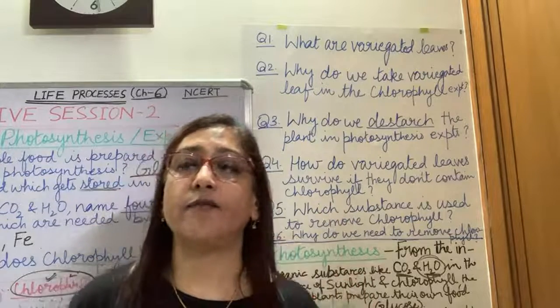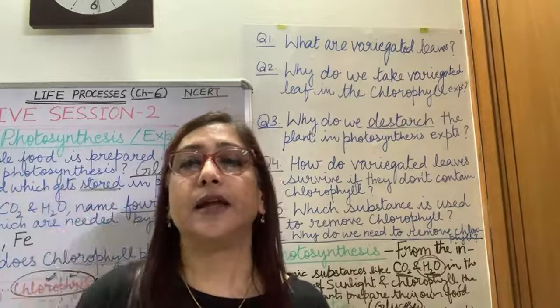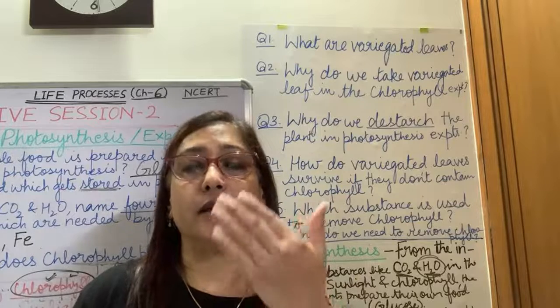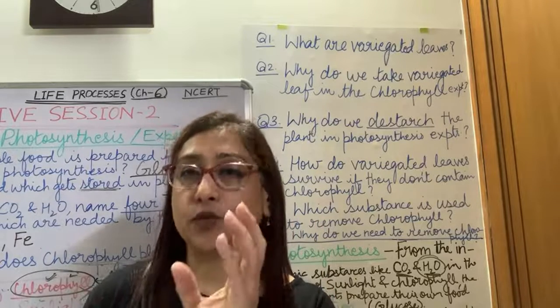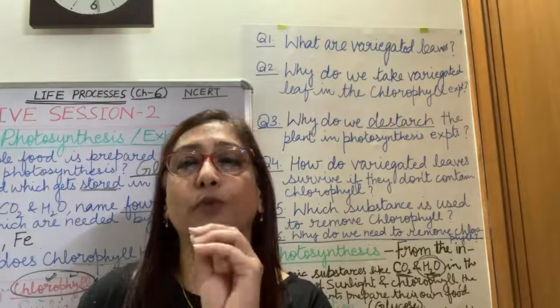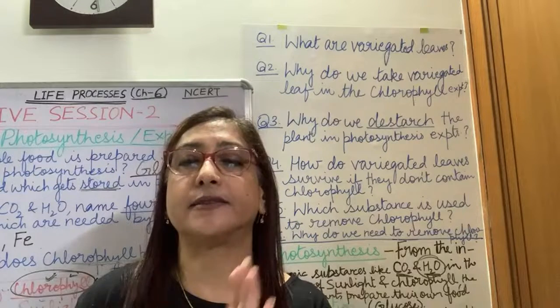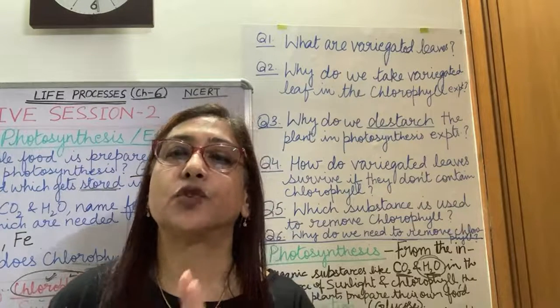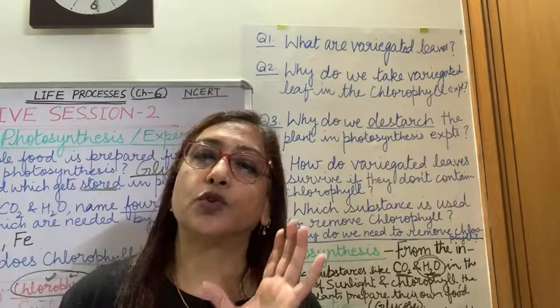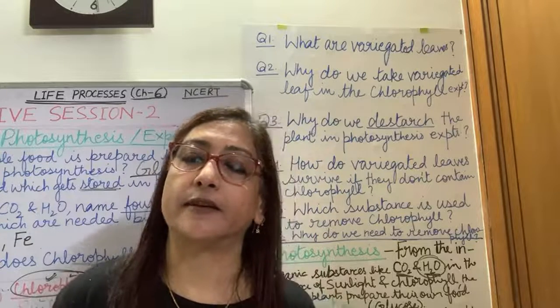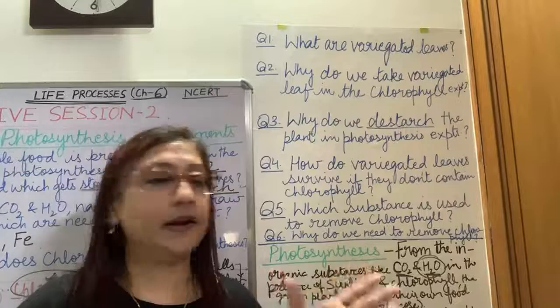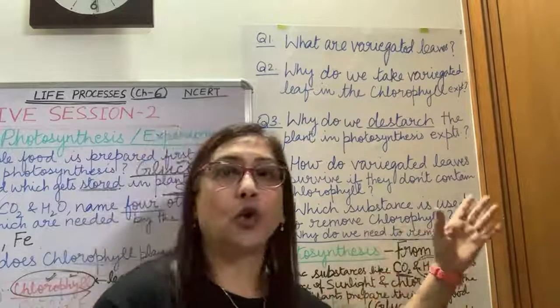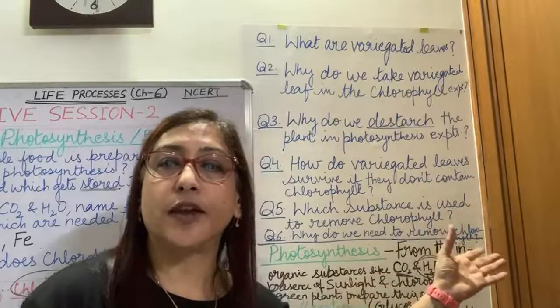So after that, when we had added iodine, immediately some areas which were green originally showed blue-black color, and the white areas did not show blue-black color. So to make the experiment clear, children, we had to remove the chlorophyll pigment, which is green in color.